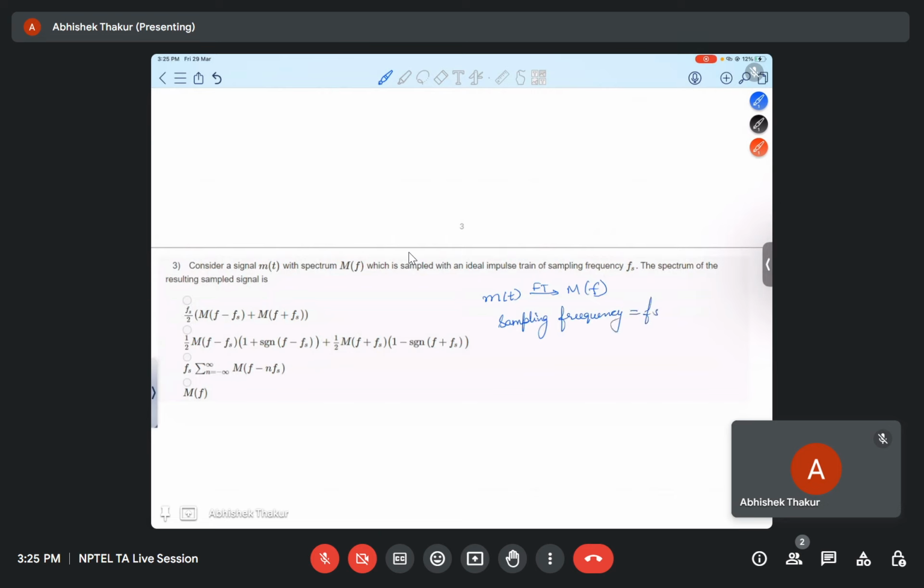The spectrum of the resulting sampled signal is Fs times the summation over n equal to minus infinity to infinity of M(f minus n Fs). So this will be the spectrum of this signal.